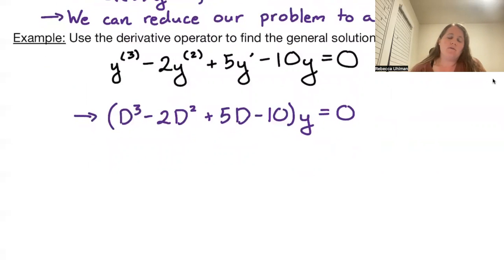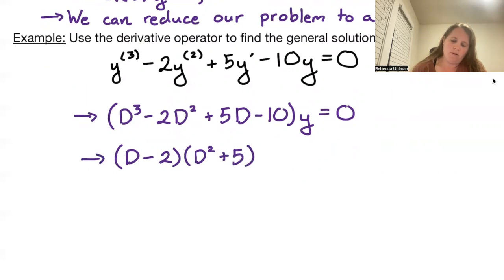We can go ahead and factor that. This winds up factoring as D minus 2 times D squared plus 5, applied to y, is equal to 0.